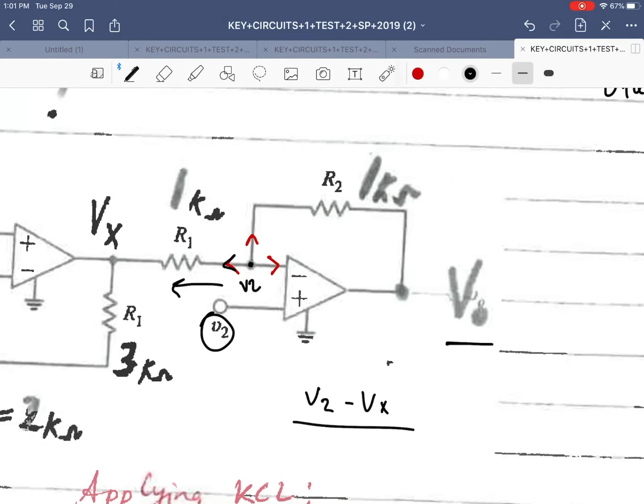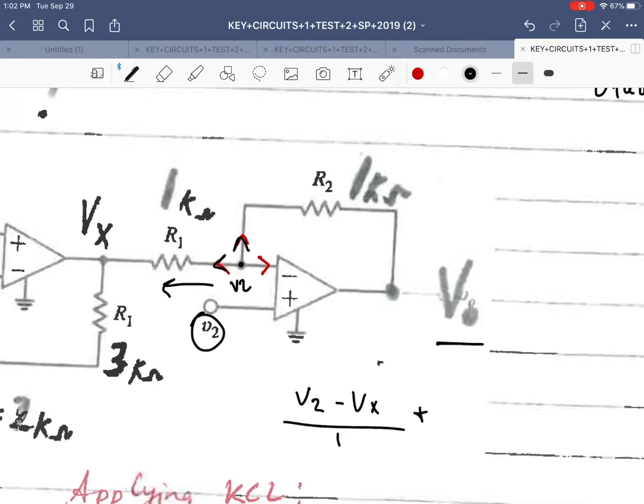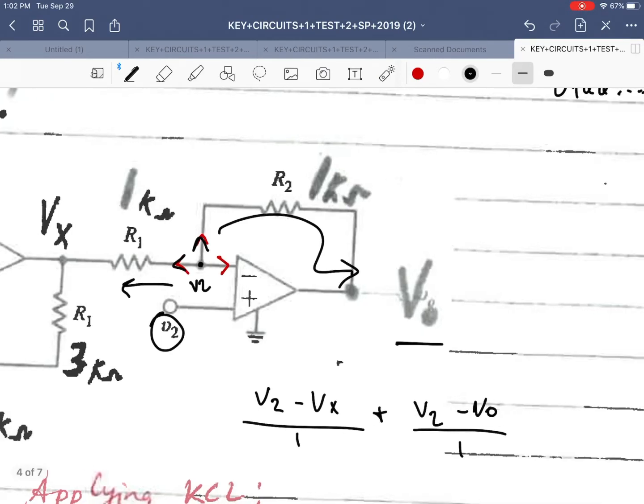We don't know what Vx is yet, and then over resistance 1, plus what is this upper branch there, V2 higher minus lower, which is going to be VO over resistance 1, plus this right branch here.